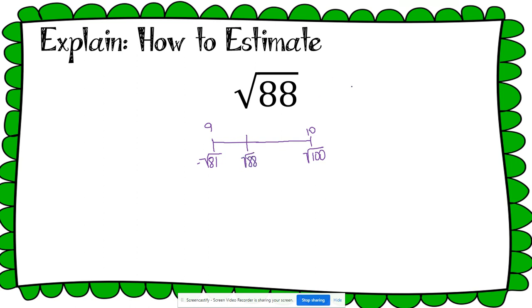So if I'm writing this as a fraction, it's going to be 9 and now we just need to figure out the numerator and the denominator. Well, our numerator is the distance from 81 to 88, which is 7. And then our denominator is our distance from 81 to 100. Well, the distance from 81 to 100 is 19. So this would be approximately located around 9 and 7/19.